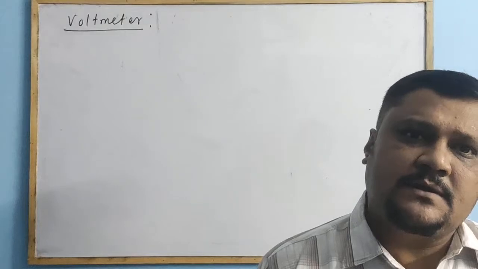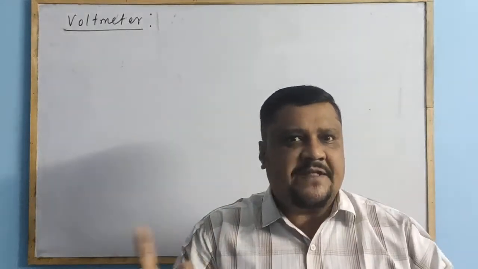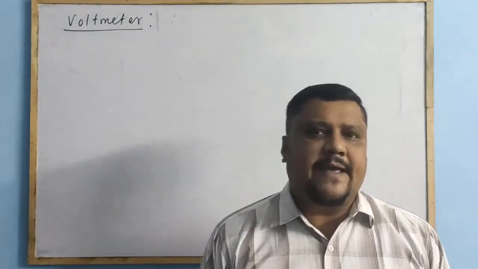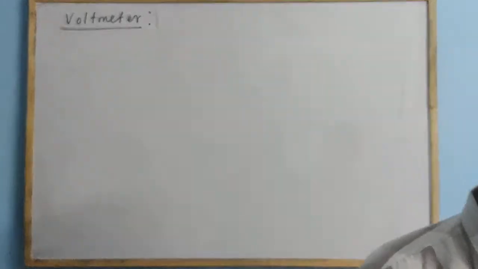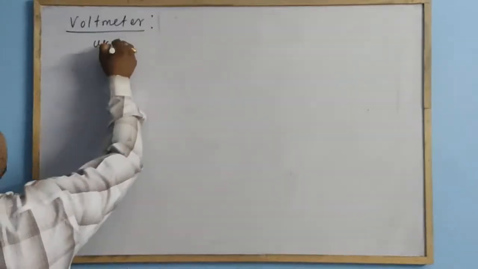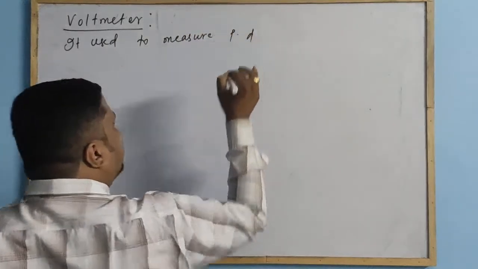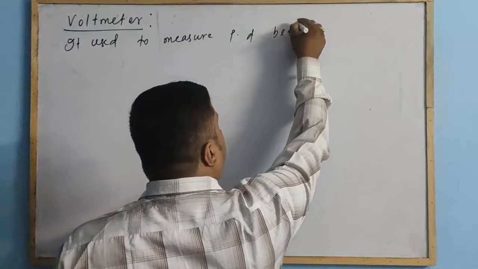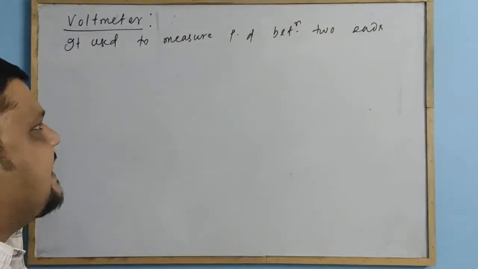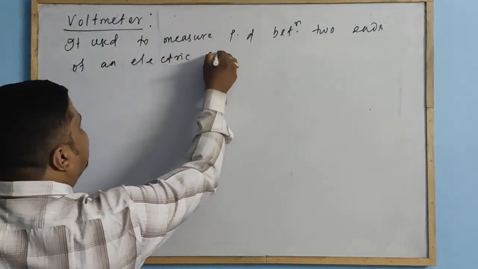The voltmeter is an instrument or a device used to measure the potential difference between two ends in an electric circuit.